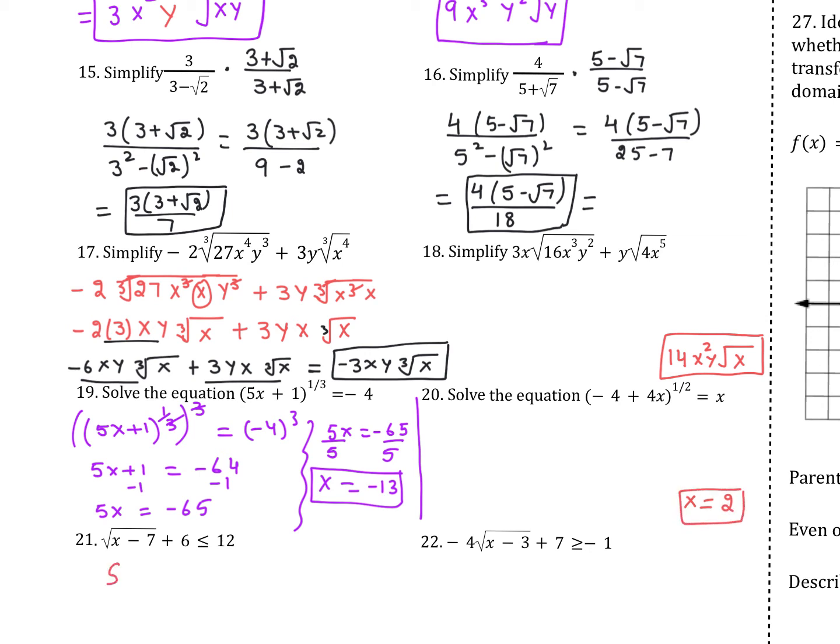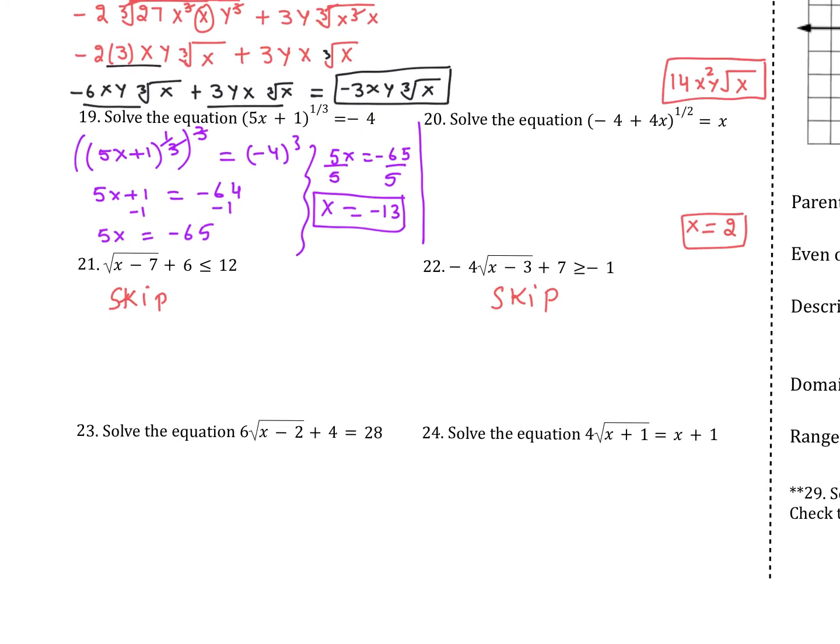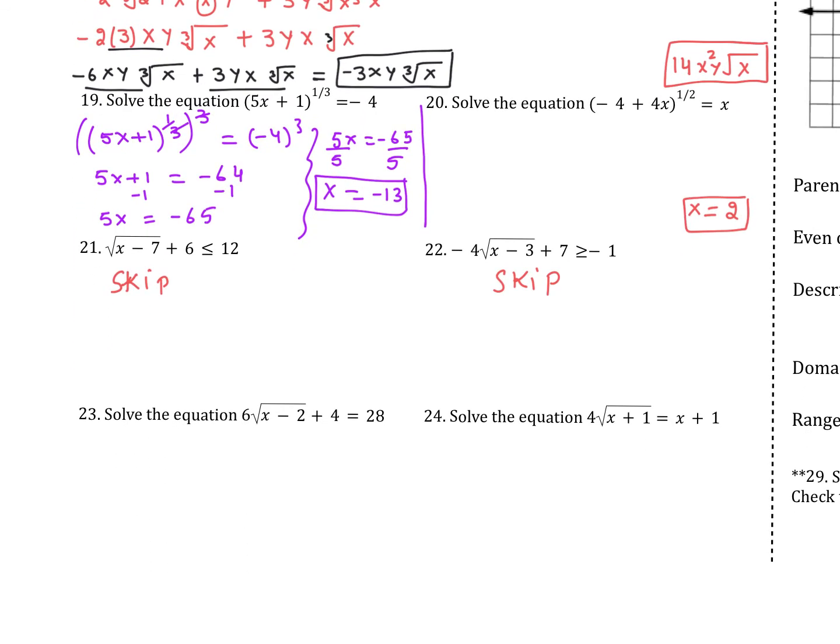You're going to skip the 21 and 22. So again, you're going to do number 18. Try this problem. The answer is right here. You're going to try number 20 similarly to number 19, and the answer is here as 2. You're going to skip 21 and 22.